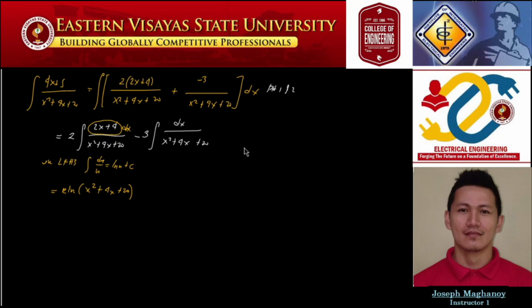So moving on to your second term, negative 3 integral of dx over x squared plus 4x plus 20. Okay, so we need to factor out x squared plus 4x.